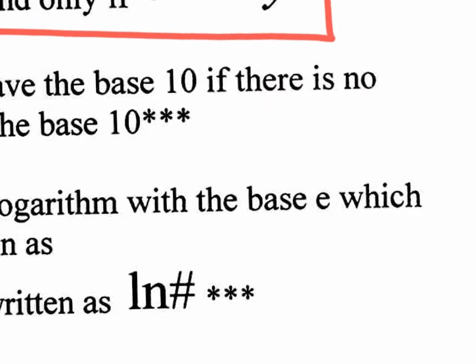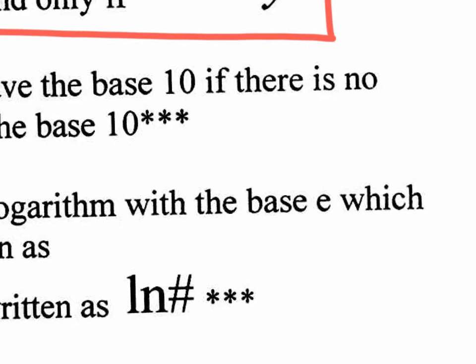So if I have something that says log of 1,000, notice that I didn't say log base something. In other words, there is no base written down here. So if there is no base down there, I assume that it's base 10. Okay? Keep that in mind.